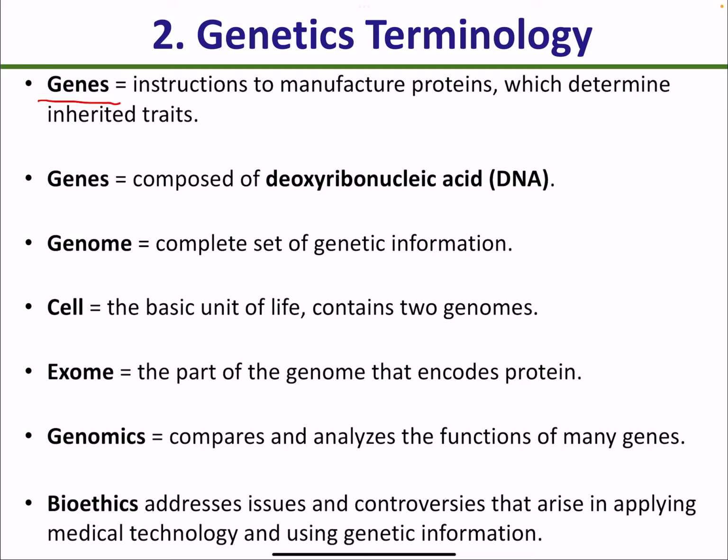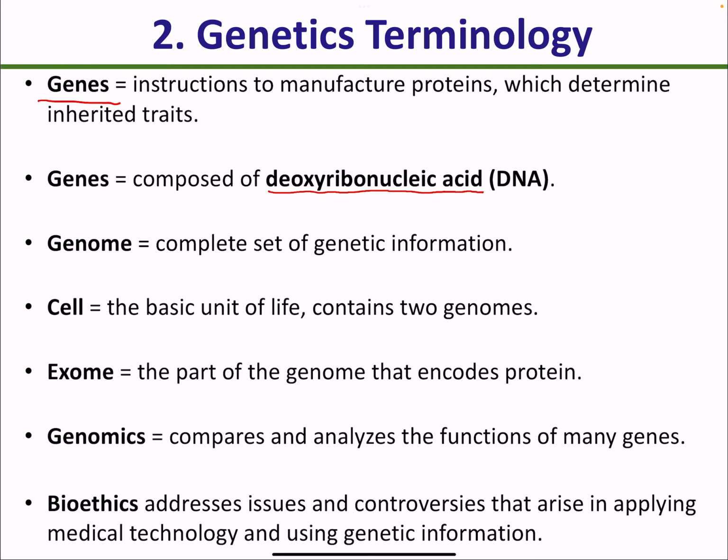Genes are composed of DNA, also called deoxyribonucleic acid. That deoxyribonucleic acid, which is made up of nucleotides, we are going to see that later, is the key to holding the information necessary for the production of proteins.